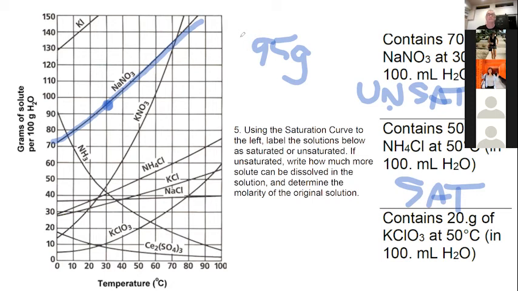So you're saying that they're inversely related. I don't understand what inversely related means. If it's more soluble, then it's less saturated. If you can dissolve more solute in it, it's unsaturated.